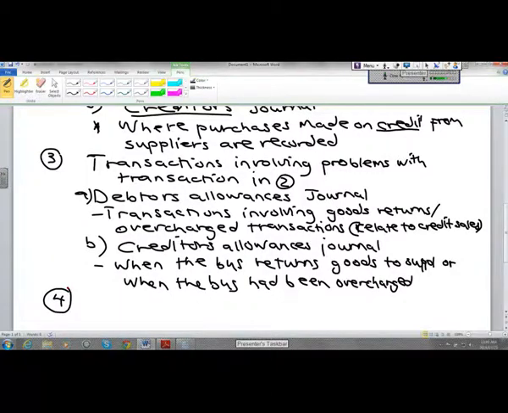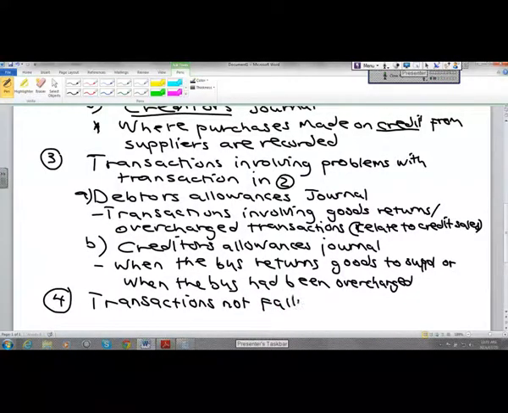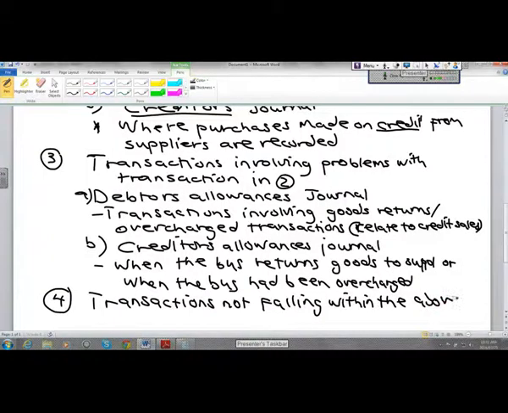So I say here is transactions not falling within the above three categories. All right, so those transactions, we put them in the general journal.